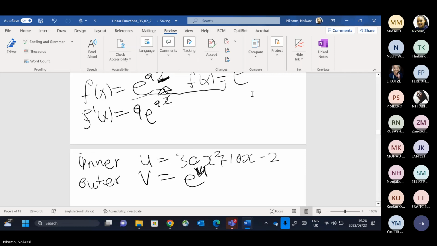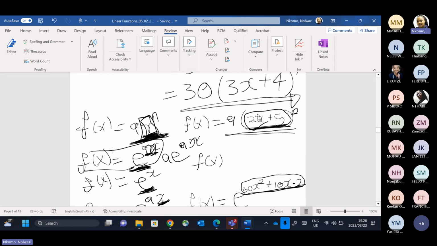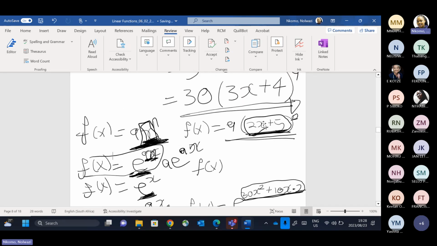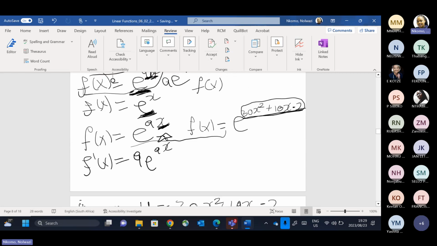If you are applying the chain rule on a term like this, the chain rule will require you to use the power rule, because if you differentiate a function like this, you need to apply the power rule. And if you are given a function like this, you apply the chain rule, which will require you to use the exponential rule.